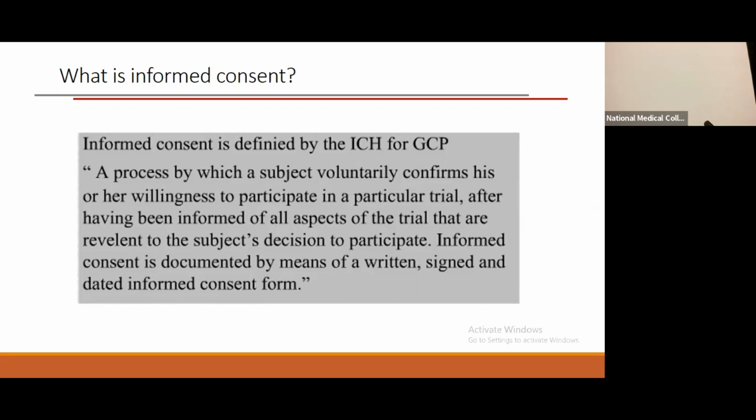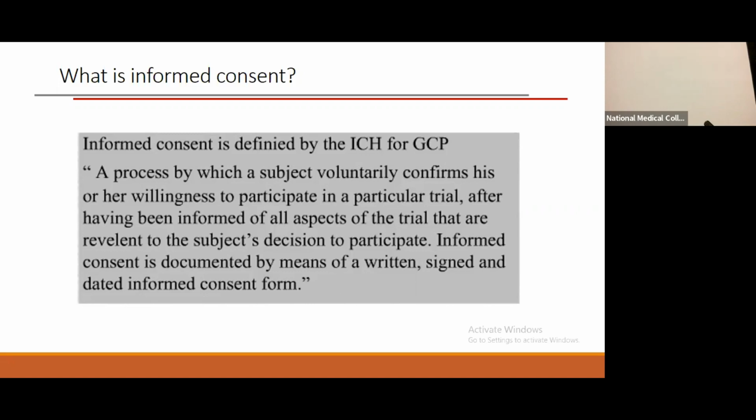It's a process by which a subject voluntarily confirms his or her willingness to participate in a particular trial or study after having been informed of all aspects of the trial that are relevant to the patient making a decision about it, documented by means of a written signed informed consent document. So GCP says that it has to be a written signed document.